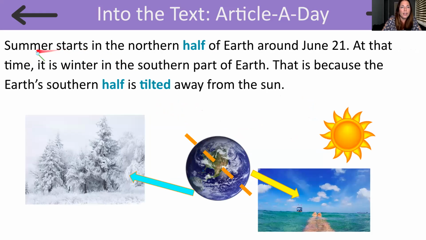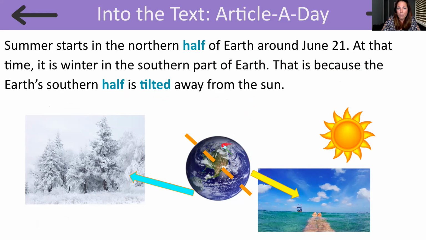So let's continue reading about why we have summer. Summer starts in the northern half of Earth around June 21st. At that time, it is winter in the southern part of Earth. That is because the Earth's southern half is tilted away from the sun.